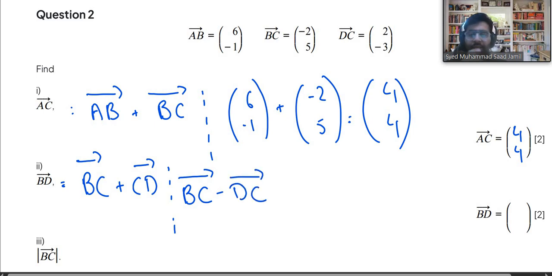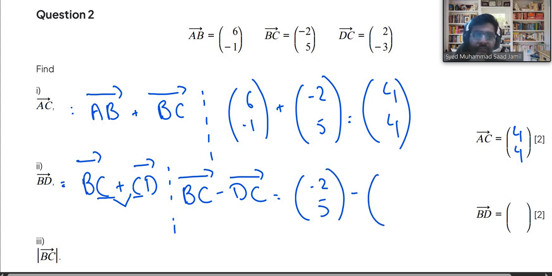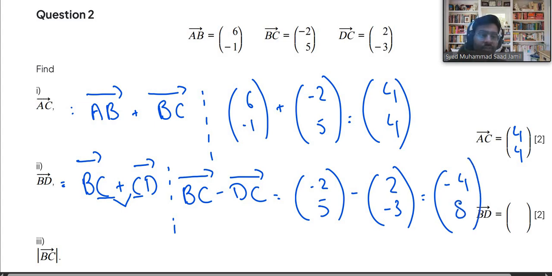If you study vectors, there is a rule that if the first and the last term are same, we add, but if it's not the same, we subtract. So BC is negative 2, 5, negative DC is 2, negative 3. So this becomes negative 2, negative 2, negative 4. 5, negative is plus, so 5 plus 3 is 8. So your answer is negative 4, 8.